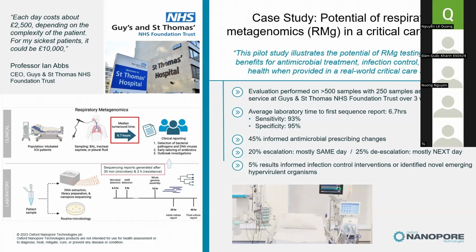However, the question still remains of the feasibility of same-day testing, and whether the results are frequent and informative enough for routine clinical implementation. That's the reason why they have this pilot study. In this pilot study, they ran this respiratory metagenomic workflow, and you can see the results here.